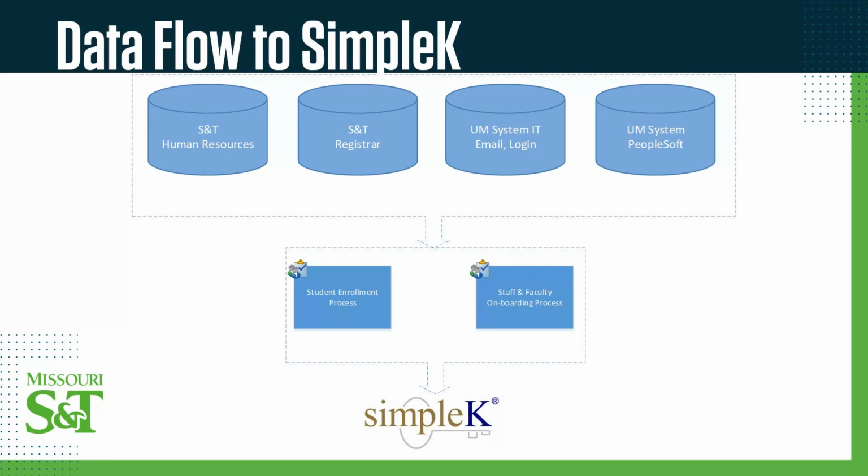Once those 4 are good to go, then that information flows down to the student enrollment process or to the staff and faculty onboarding process. And once it rolls down to that, then and only then will it flow into SimpleK. So if they haven't completed their paperwork, they're not going to be in the system yet, so we will not be able to issue them a key.